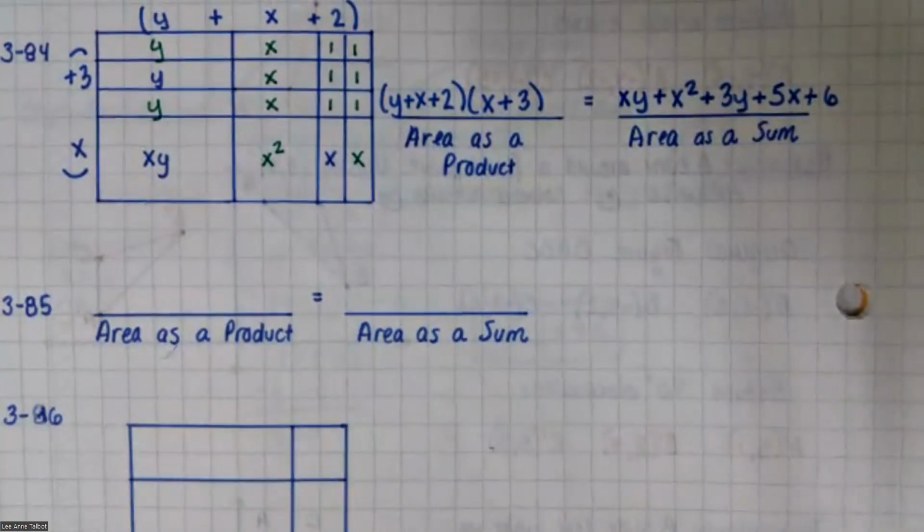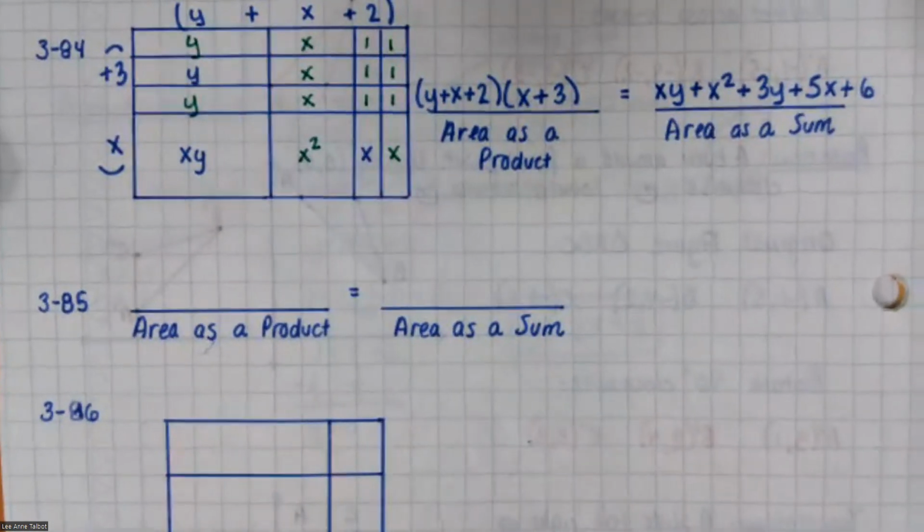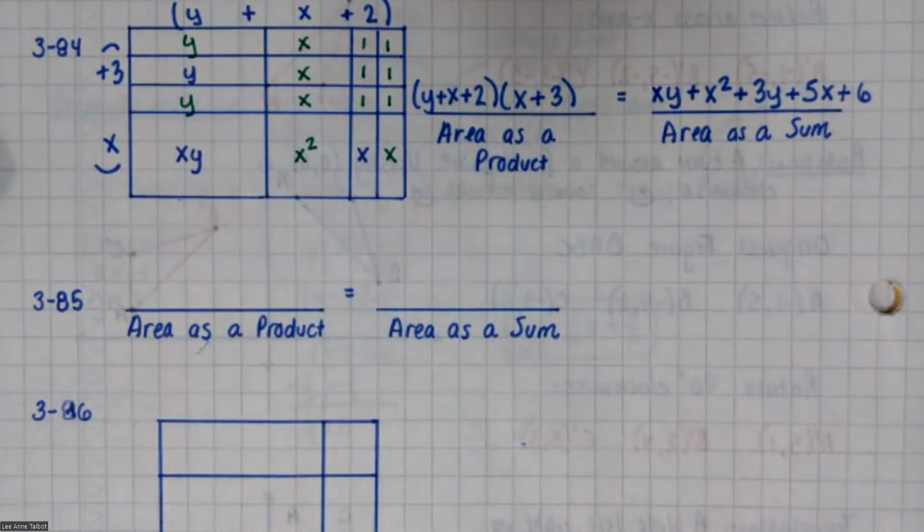Okay, go ahead and write down the space for 85 with the blanks. Okay, this is what I'm going to do for 85.